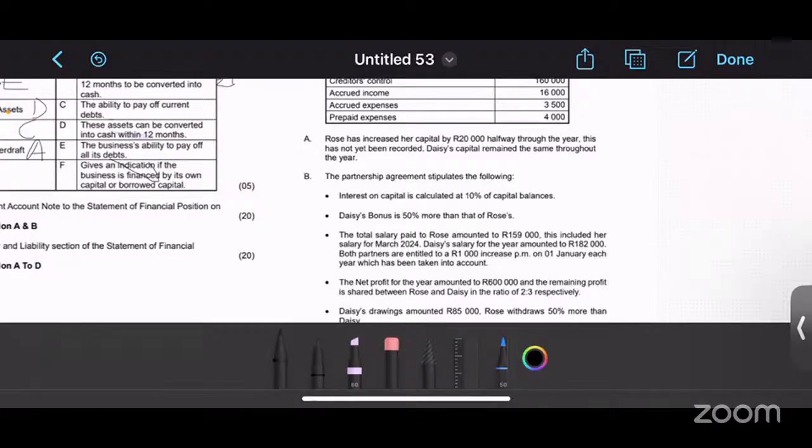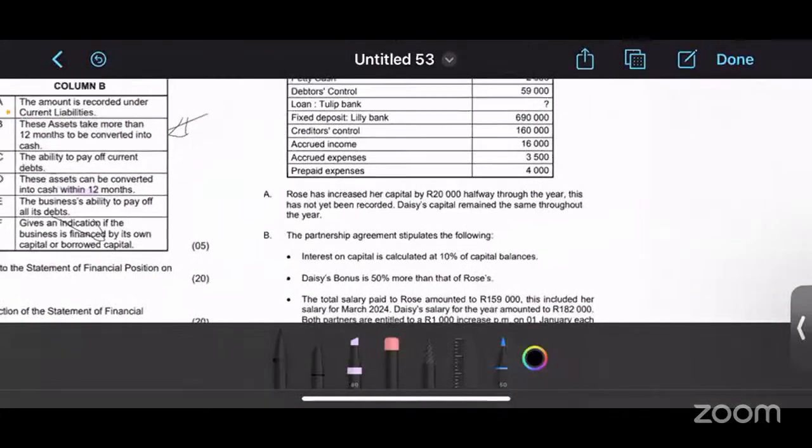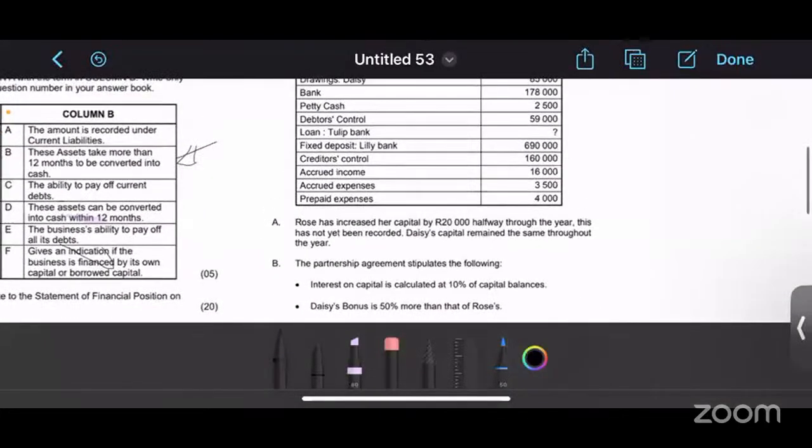The partnership agreement stipulates the following: interest on capital is calculated at 10% of capital balances. How are we going to calculate the interest on capital?